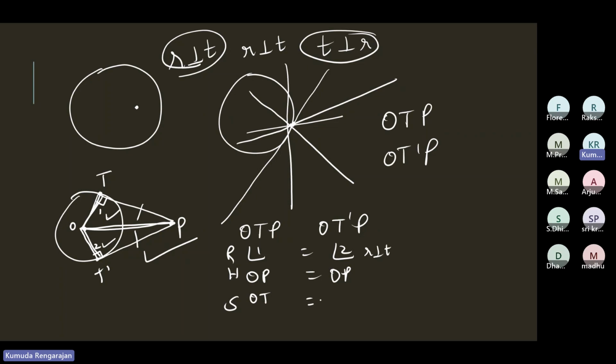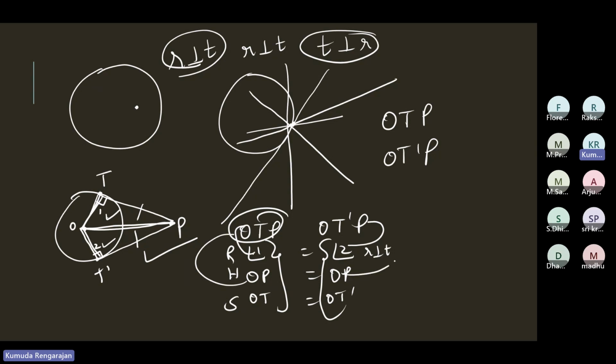These are parts of the triangle OTP, and these are parts of the triangle OT dash P. Angle 1 of this triangle is equal to angle 2 of this triangle. Side OP of this triangle is equal to side OP of this triangle.